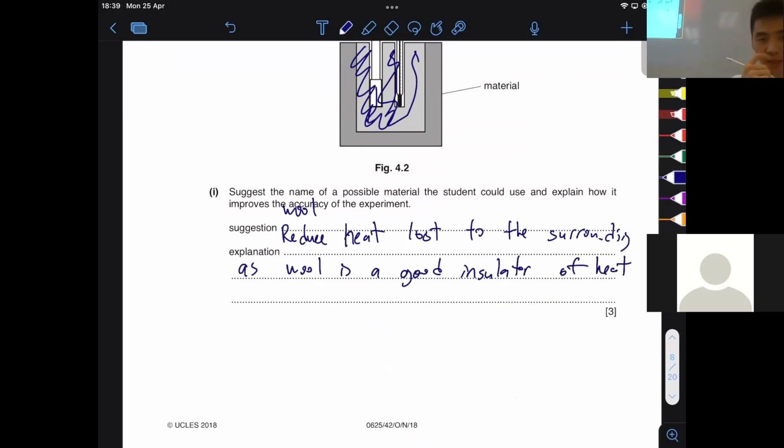I didn't see it was 3 marks, guys. I thought it was 2 marks. If it is only 2 marks, then you can just say that you want to reduce the heat loss, right? But if it's 3 marks, 1 mark is to suggest what material it is. The second mark is to say why, and then your third mark is to explain the reason why. So just make sure you write according to the marks.